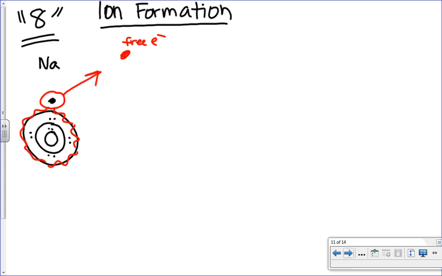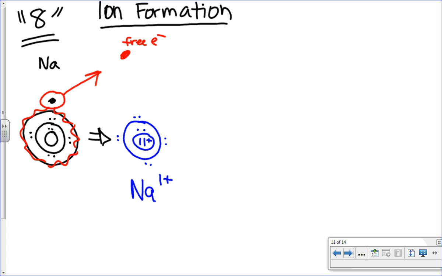So this sodium atom changes into the sodium ion that has 2 electrons in its first energy level and 8 electrons in its second energy level. It's still sodium because it has 11 protons in the center, and that's what gives our elements their identity. But it's lost an electron, so this is now called the sodium ion, and it has a 1 positive charge.